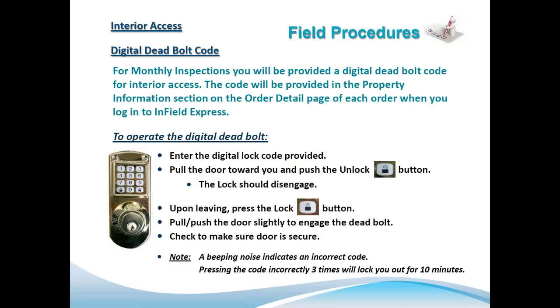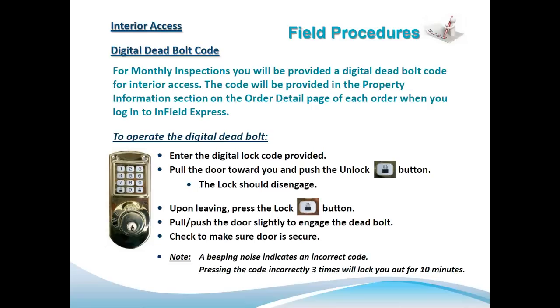To operate the digital deadbolt, follow these simple instructions. Enter the digital lock code provided, pull the door towards you, and push the unlock button on the deadbolt. This should disengage the lock. At this point, you can open the door and complete your interior inspection.